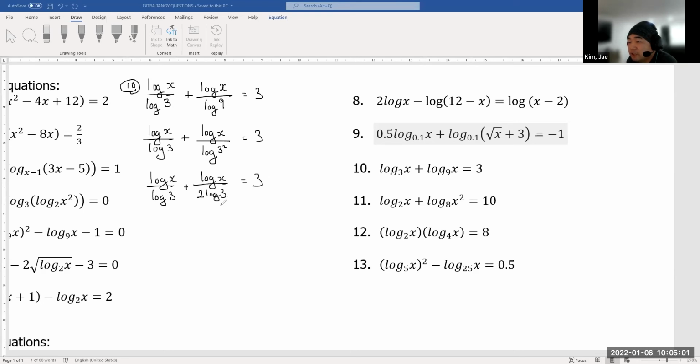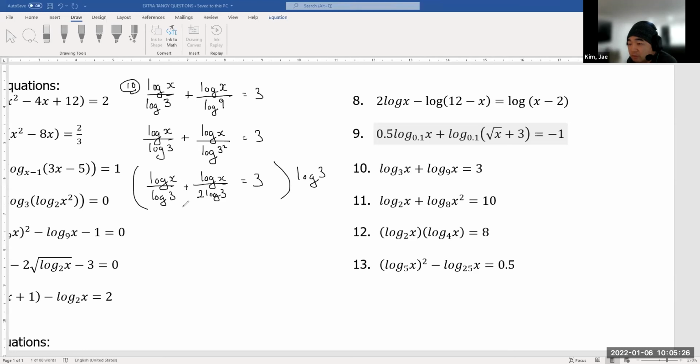And you can imagine if I go ahead and multiply all 3 sides by log of 3, actually, should I do that and risk confusing you? It should be okay. I'm going to multiply everything here by log 3.